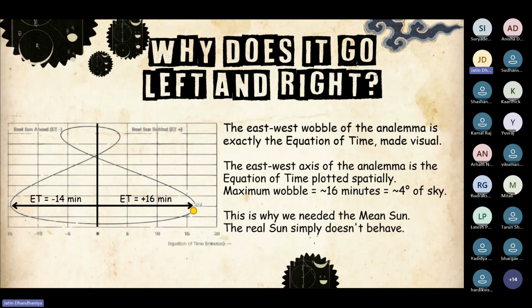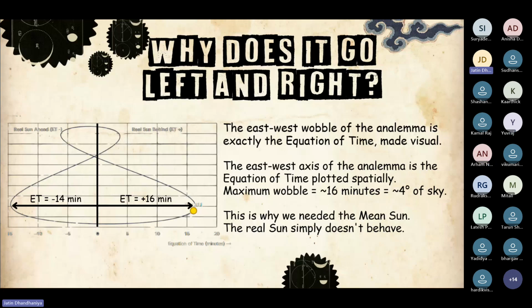So that's why the sun is not at the same place horizontally in the whole year. It is fluctuating from here to there, and that's why the left and right comes. If we are photographing the mean sun, then it will just wobble from up to down and no left to right. But due to the equation of time, the wobbling happens in left to right motion.